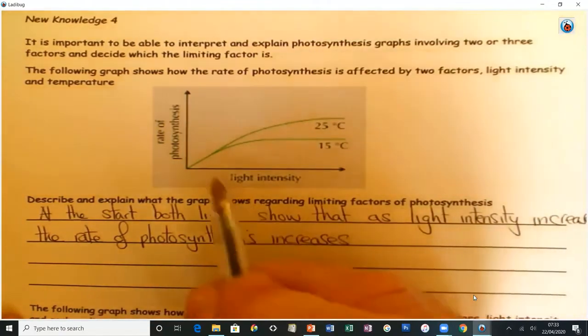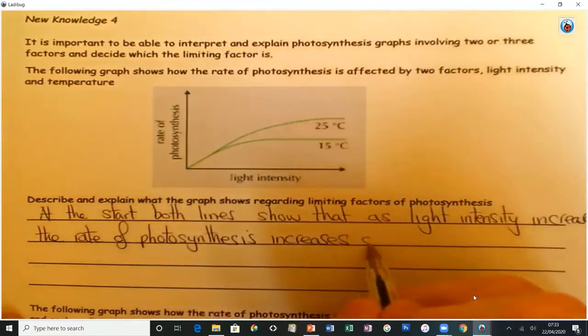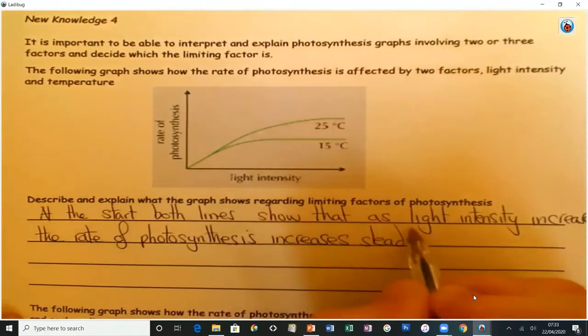And as I've said, it increases steadily. So let's put that on. Steadily.